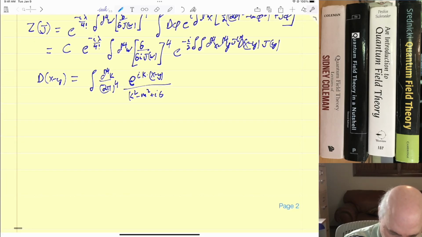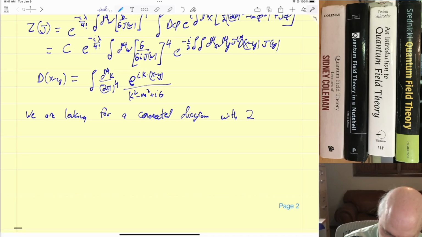Okay, so we're looking for a connected diagram with 2 interaction vertices, and thus order lambda squared and 6 propagators.